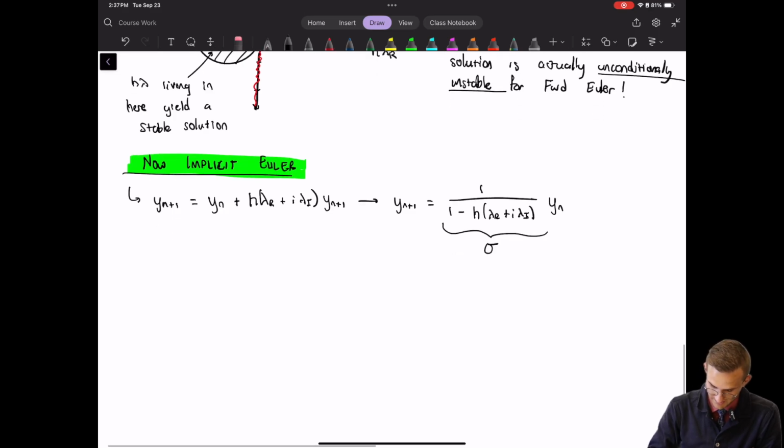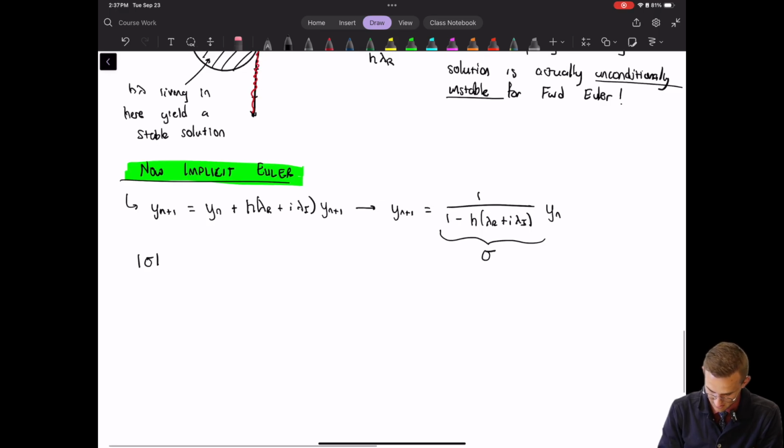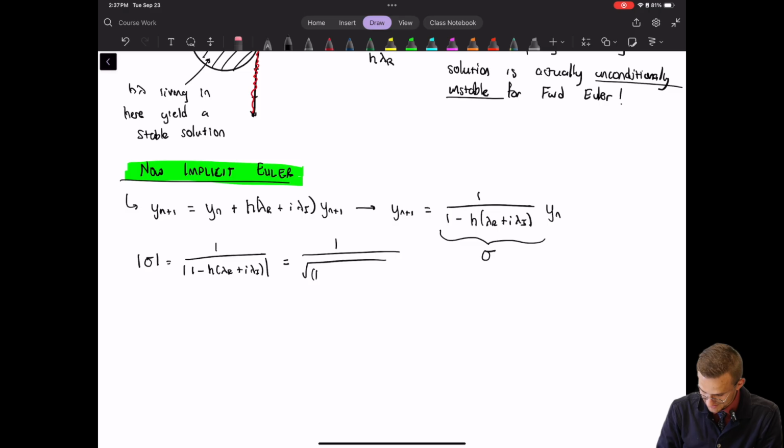Okay, and then we go ahead and write down our stability criterion, which is that the complex magnitude of sigma has got to be less than or equal to 1. This is 1 over the magnitude of 1 minus h times lambda r plus I lambda I, which is equal to 1 over the square root of 1 minus lambda r h squared plus lambda I h squared.